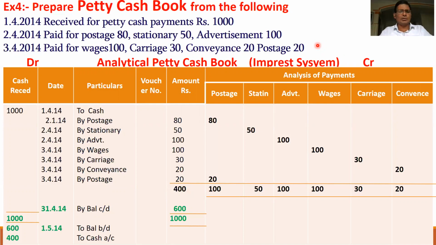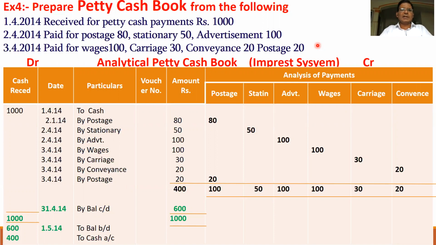There are 10 rupees, 20 rupees items, very small items. These petty expenses need not be recorded in the cash book. If you write all these 10, 20, 30, 40 rupees in the cash book, it will become voluminous, and preparing the cash book is also laborious. That's why a separate petty cash book is prepared.